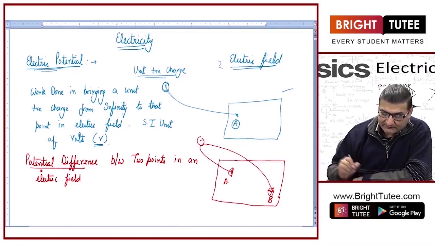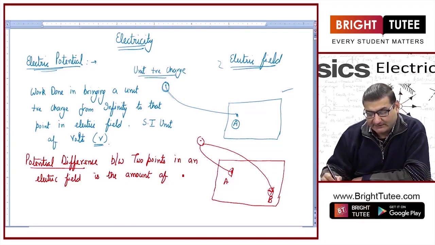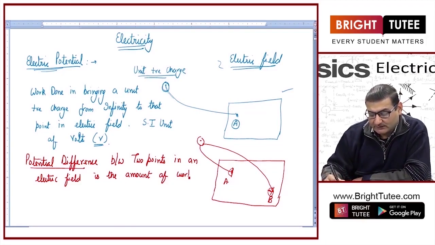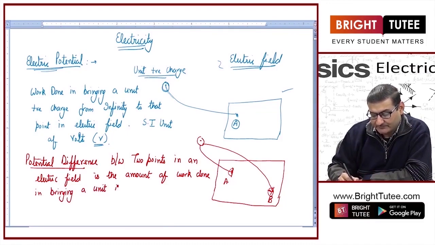Fine. So potential difference between 2 points in an electric field is the amount of work done. Same as we have done above in the case of electric potential, it is also the amount of work done in bringing a unit positive charge.